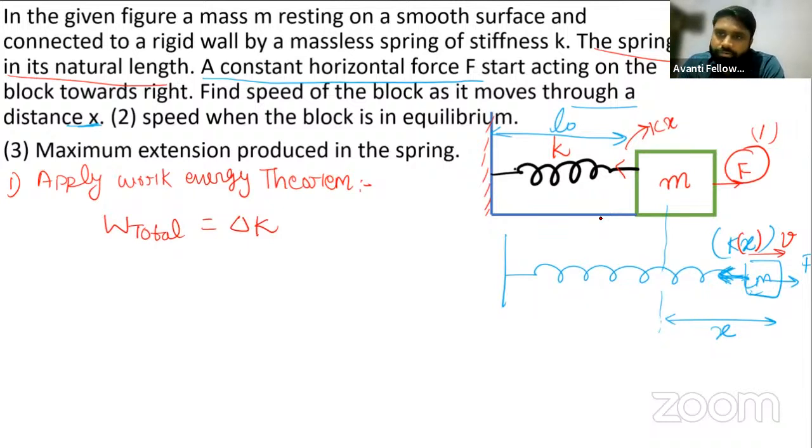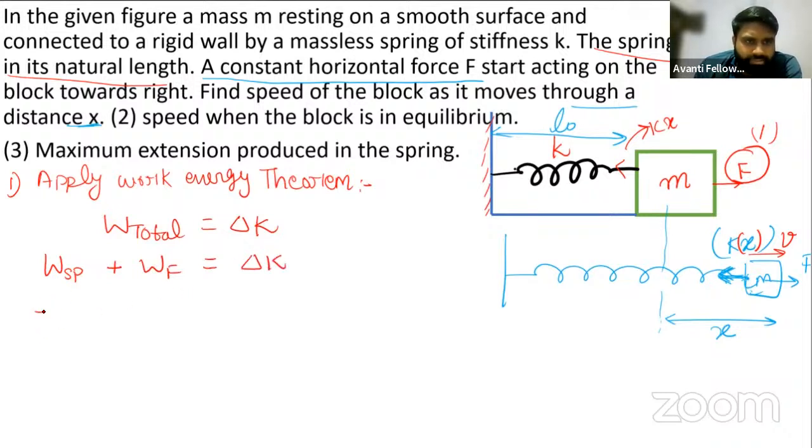So what do we have to do? We have to consider a dx length, and we apply this force kx on that and calculate the work done for dx length, and then we integrate it. Okay, as we have done in previous questions in the previous lessons. So here work done by spring force plus work done by this constant force F equals change in kinetic energy.